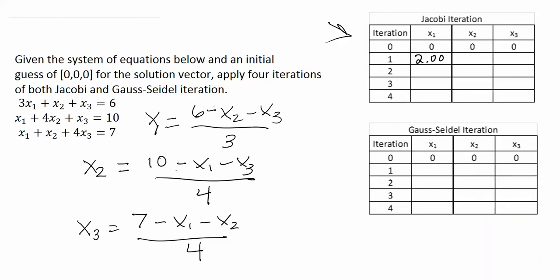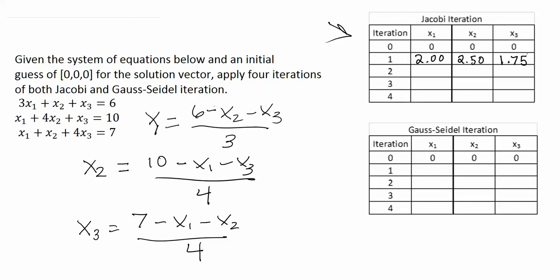Then we apply equation 2, so we have 10 minus 0 over 4 for 2.50. Lastly, we solve for x3 with 7 minus 0 over 4, or 1.75. So we have our solution vector after iteration 1 of 2, 2.5, and 1.75. Now we use those values to update it and apply the three equations again.